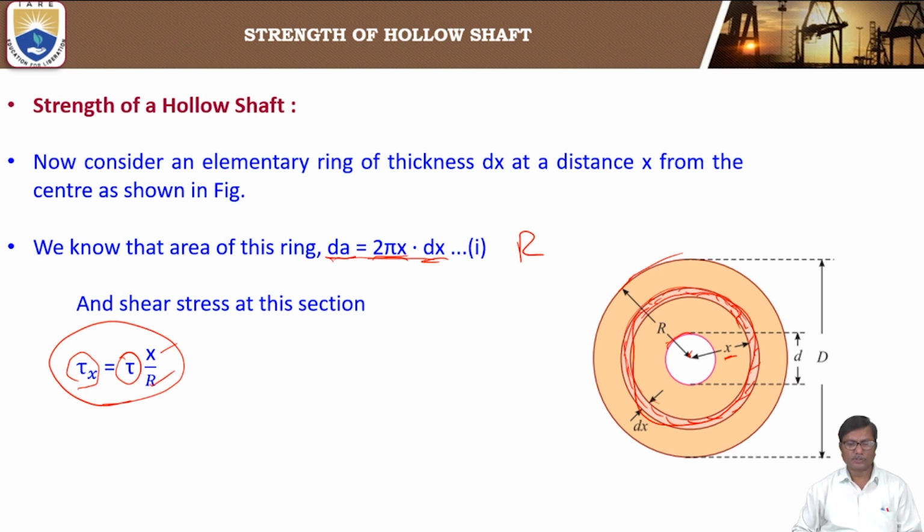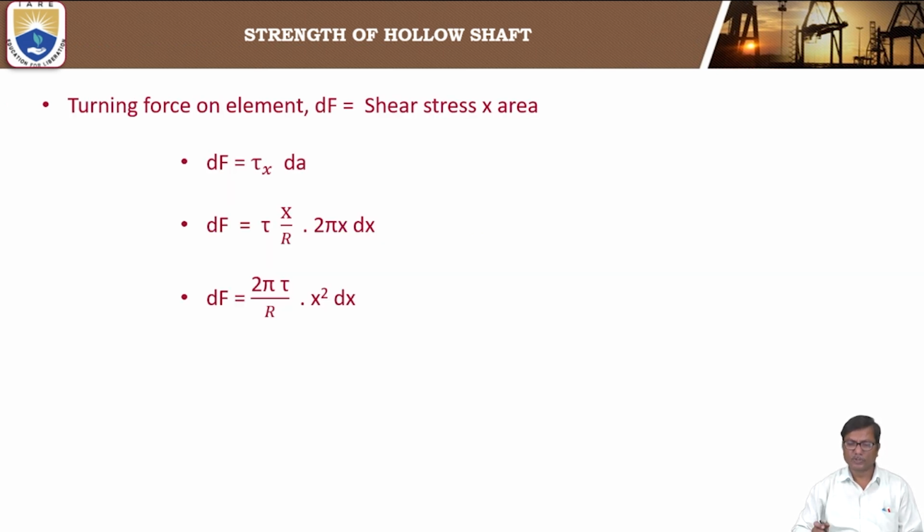Now, using this equation, we find the turning force or twisting force dF on the elementary ring, which is the shear stress at that distance x multiplied by the area of the elementary ring. The shear stress is tau x and the area of the element is dA.